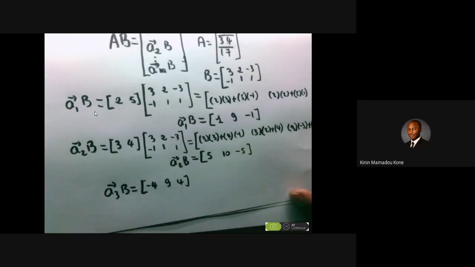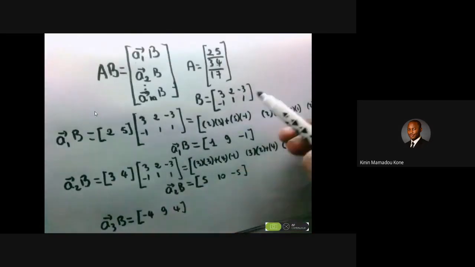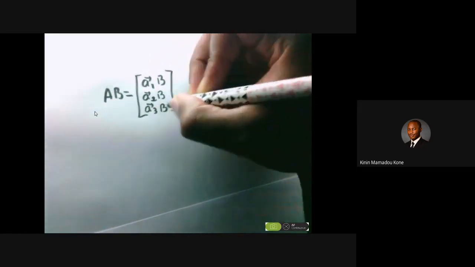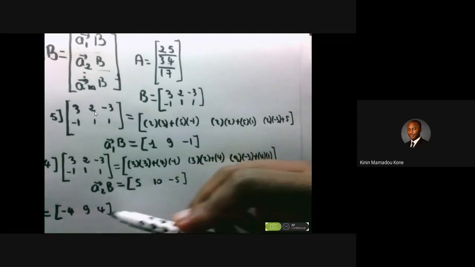Now as a conclusion, we have now this vector, this one, and that one. So we can conclude that AB is equal to the vectors A1 B, A2 B, and then A3 B, which are this row vector here, and then this, superposed with that vector.